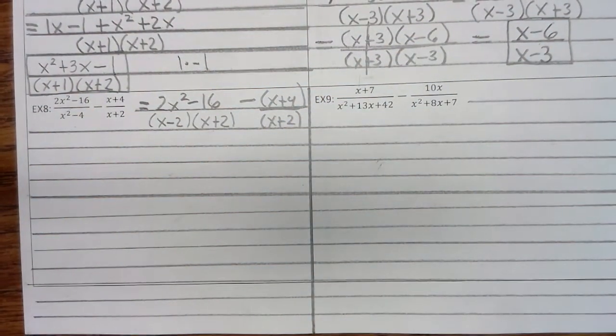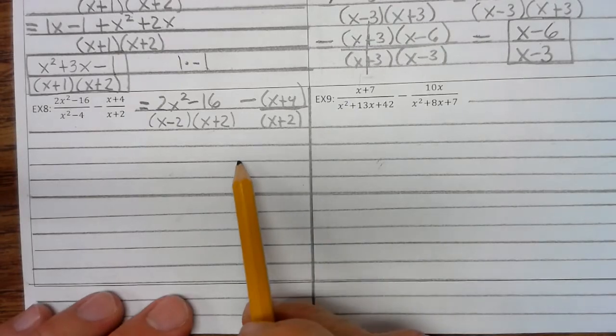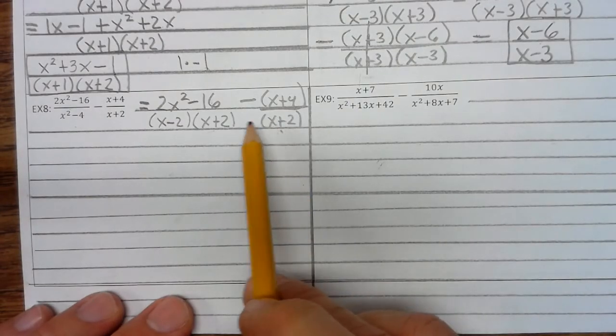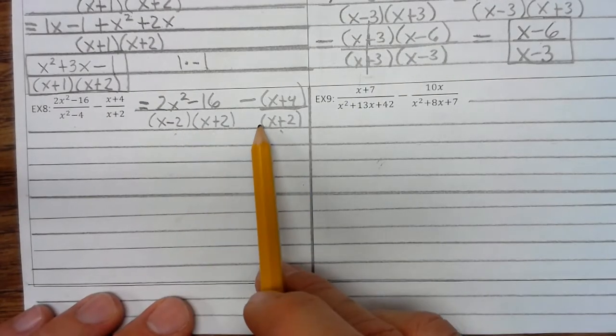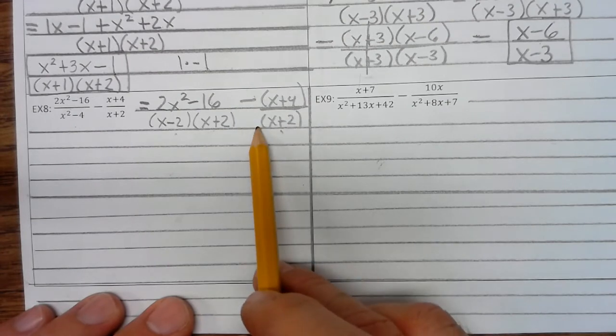Now we need to multiply it by the special one to make a common denominator. We see that this has x plus 2, but it's missing the x minus 2. So we're going to multiply this by (x - 2) divided by (x - 2).